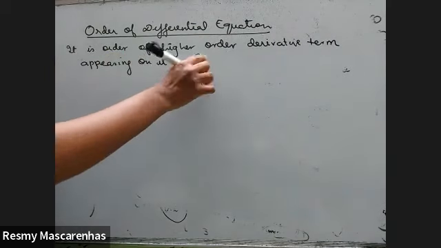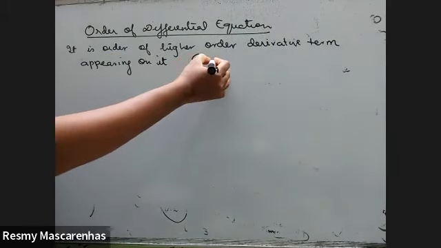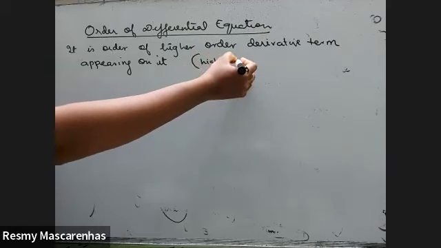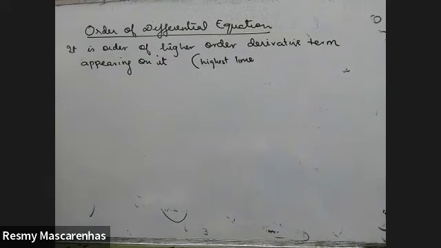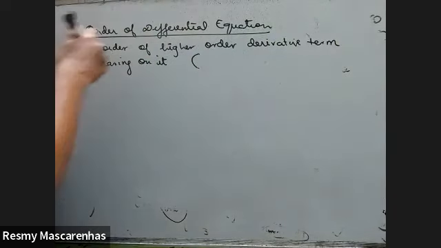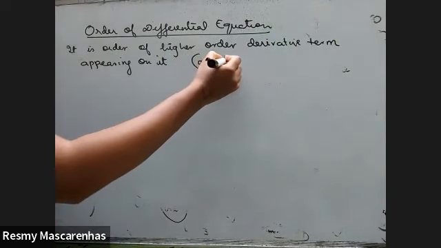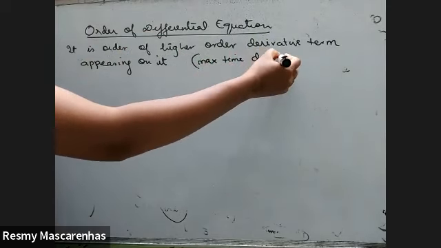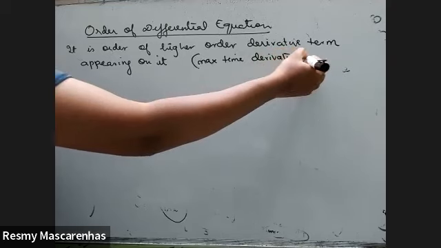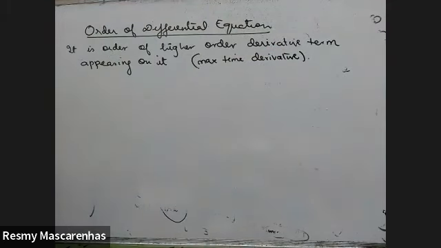Basically, for your reference, the maximum times derivative. How many times you can differentiate, the maximum number of times which is there in that equation, that becomes the order.